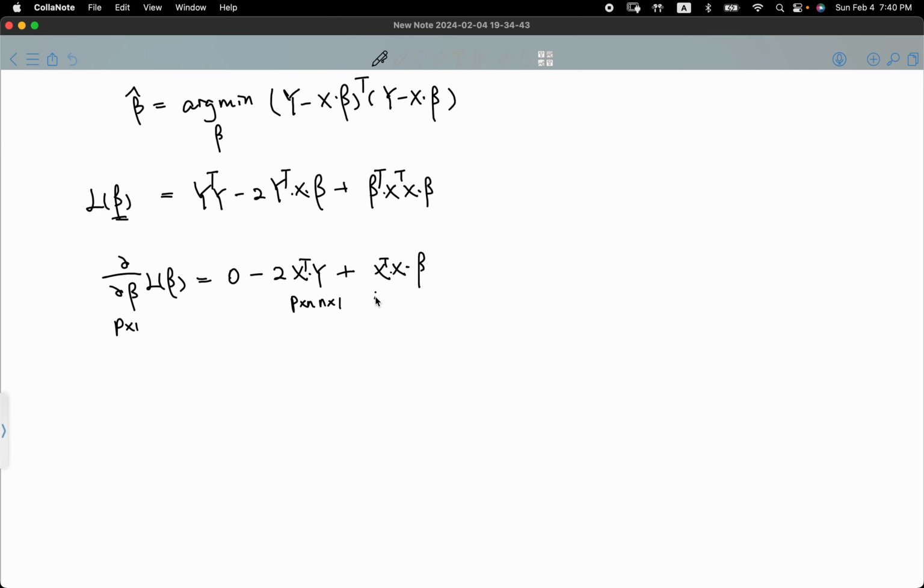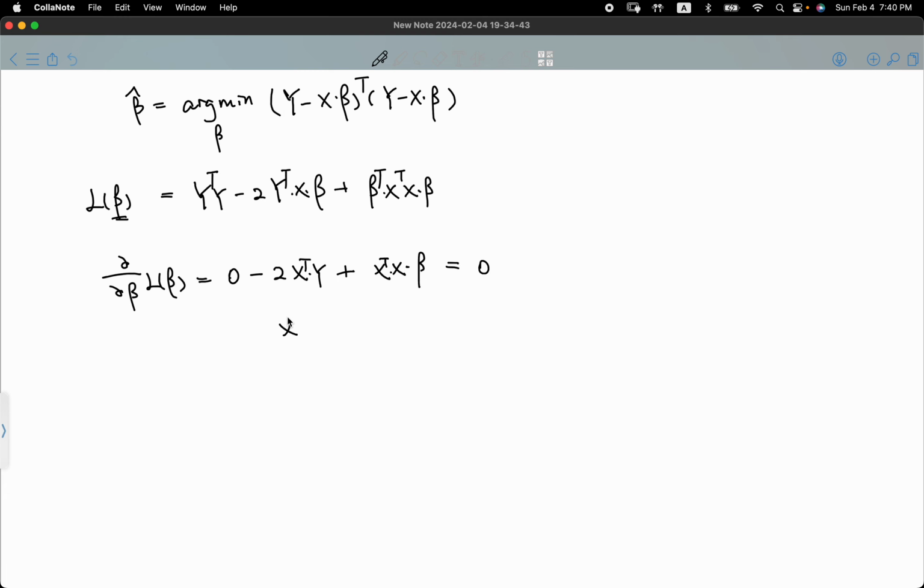So let's see. P by n, n by p, so this is a p by p matrix, times p by 1, so it should be p by 1 as well, and we are just going to match with this particular dimension here. Okay, maybe let me just erase that. Set the gradient equal to 0 and solve for beta.